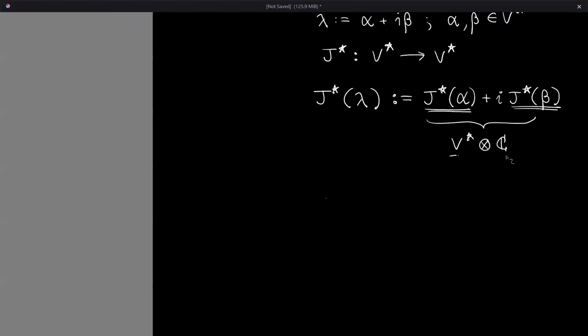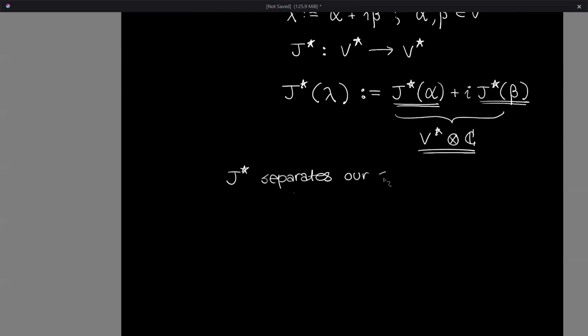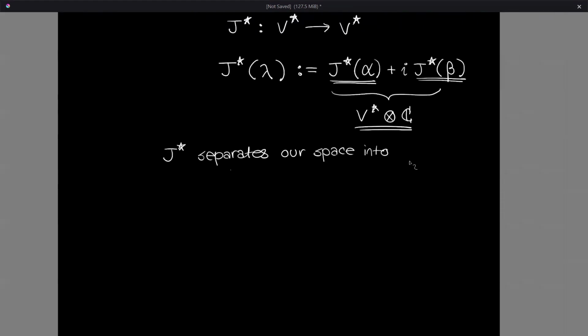We're talking about this space, V star tensor C. J star separates our space into, well, I'll draw the diagram because it's not exactly partitioning it into two parts.